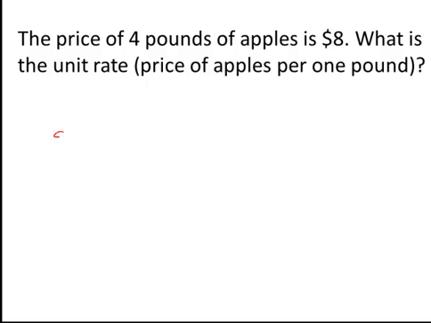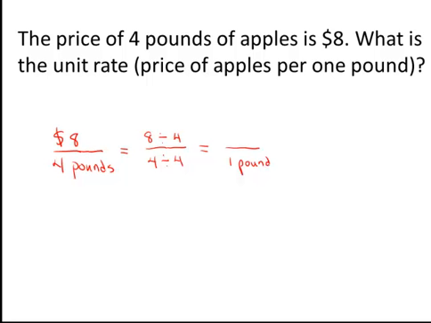We write the $8 over the 4 pounds, and then we divide both the 8 and the 4 by 4, since this will tell us the price per 1 pound of apples. 8 divided by 4 is 2, so the unit price is $2 per 1 pound, or we can just say $2 per pound.